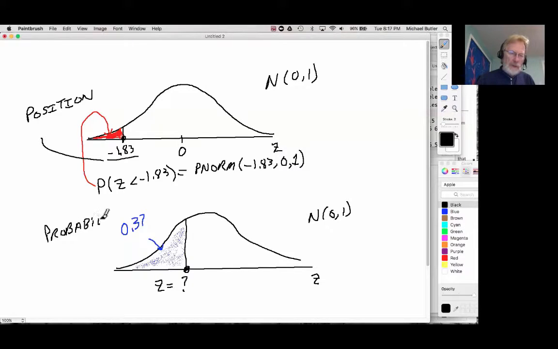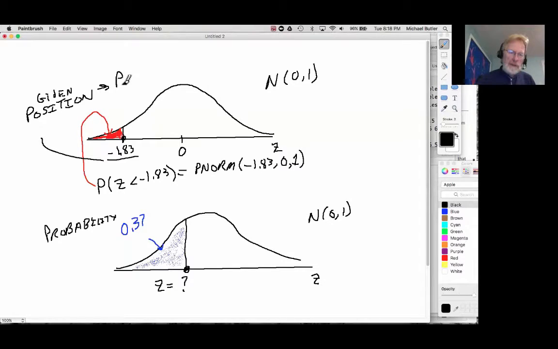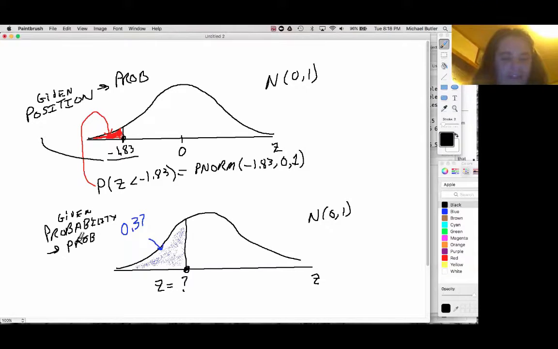So what they wanted in the first problem is the probability. You were given the position, and what you want to know is the probability that goes with that. So in this case, you're given the probability, and what they're going to want to know is the position. The position, yeah. Is that making more sense? It is making sense, yeah.